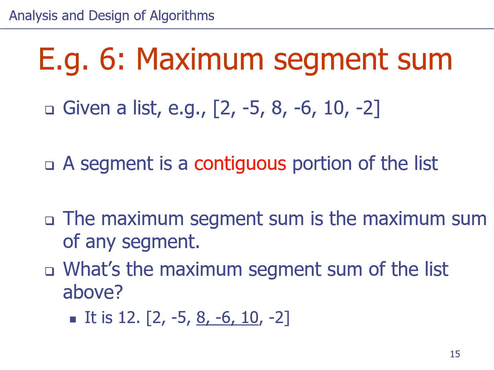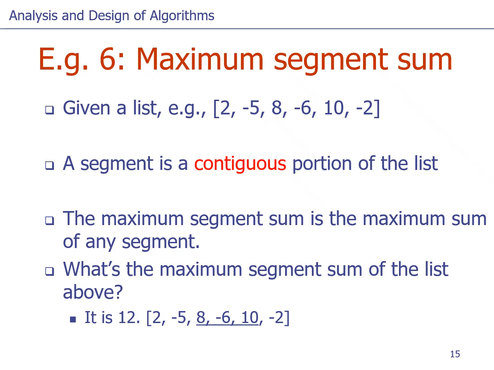So you go 2, minus 5, you sum that, and then you sum 2, minus 5 and 8, then 2, minus 5, 8 and minus 6, then 2, minus 5, 8, minus 6 and 10, then 2, minus 5, 8, minus 6, 10, and minus 2. And then you try minus 5 and 8, minus 5, 8, and minus 6, minus 5, 8, minus 6, 10. And it goes like this for all adjacent numbers.